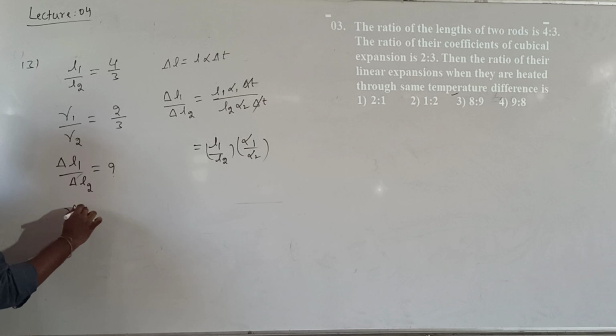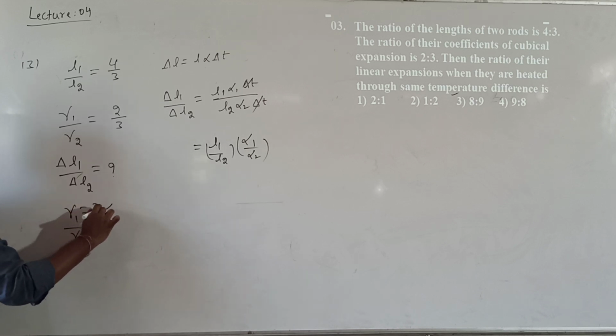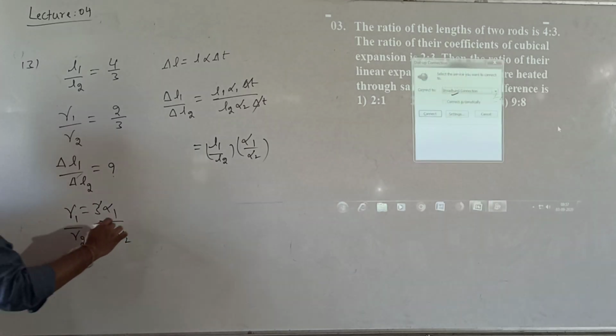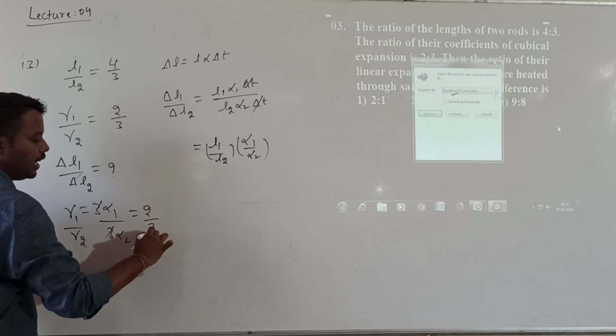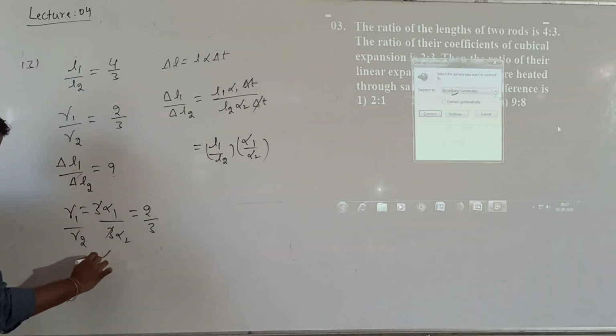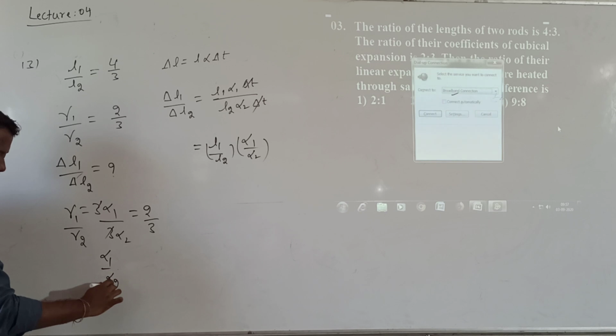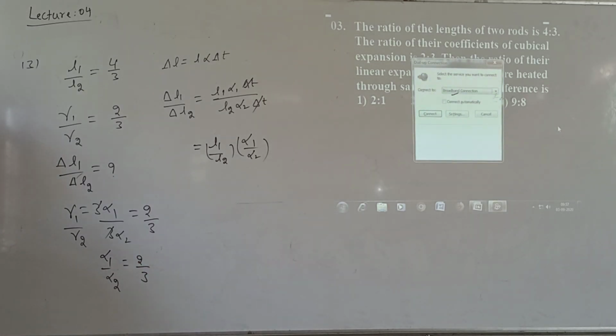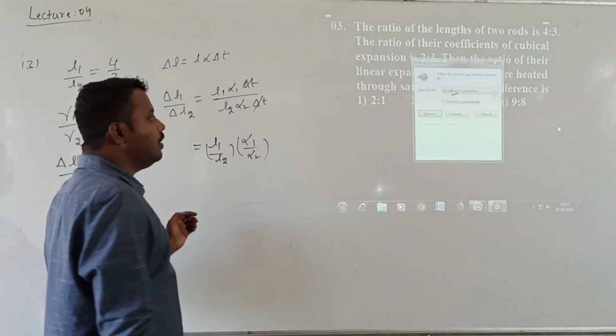We know gamma 1 by gamma 2 is equal to 3 alpha 1 by 3 alpha 2. The 3 cancels, so alpha 1 by alpha 2 is equal to 2 by 3. They gave the gamma value, and we calculated the alpha value.